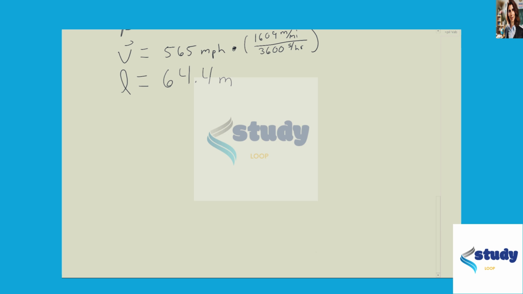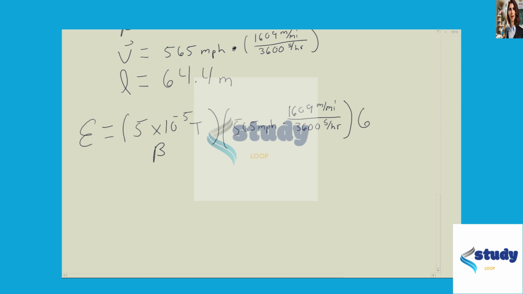So we plug this all into our equation. Again, that's 5 times 10 to the negative fifth Teslas, our magnetic field. Our velocity of the airplane is 565 miles per hour times that 1609 meters per mile over 3600 seconds per hour, times our 64.4 meters.